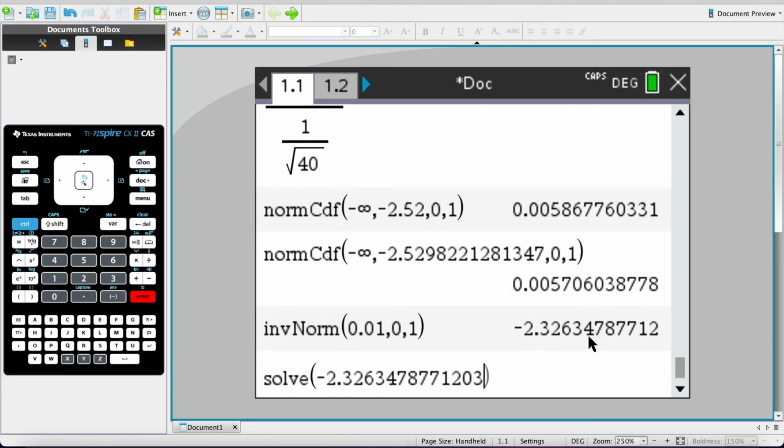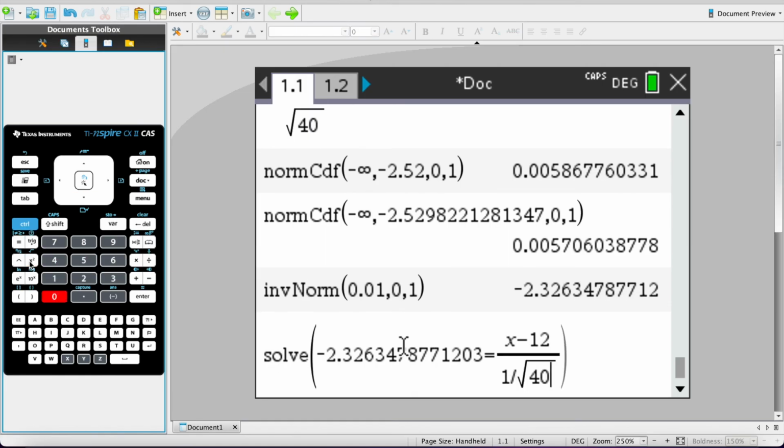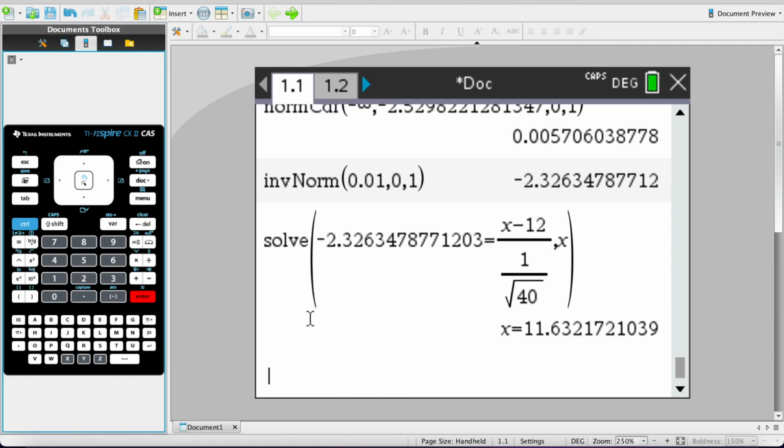This is equal to x critical, I'll just say x, minus the mean, which is 12, over the standard deviation is 1 on square root 40. And you're solving for x, which is 11.63, how many decimal places? To 3, 11.632.